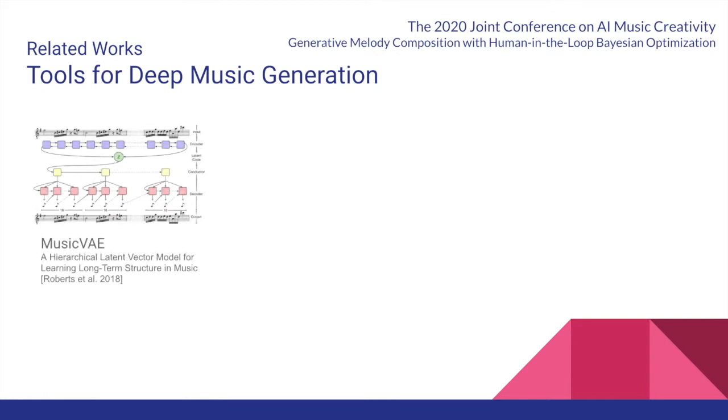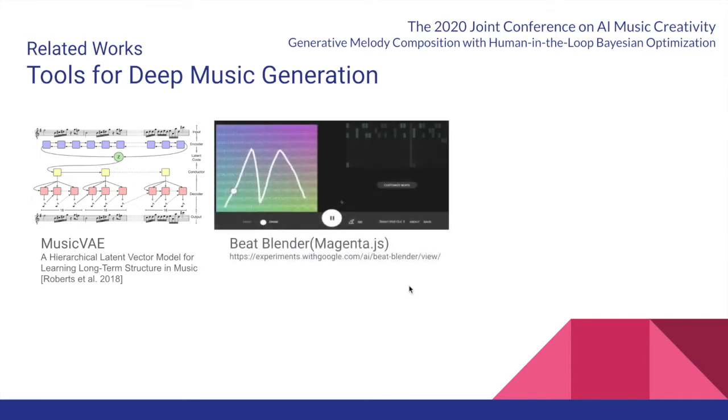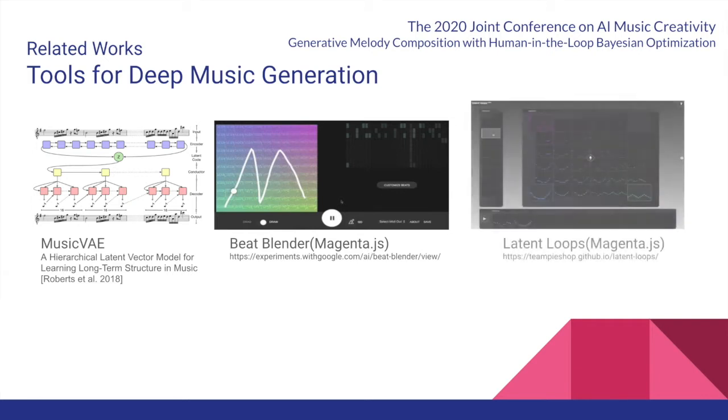MusicVAE, a generative melody model, has a smooth latent space which allows users to sample and interpolate on it. Many applications powered by Magenta.js, MusicVAE and other models have been developed which enhance the interaction between humans and music.